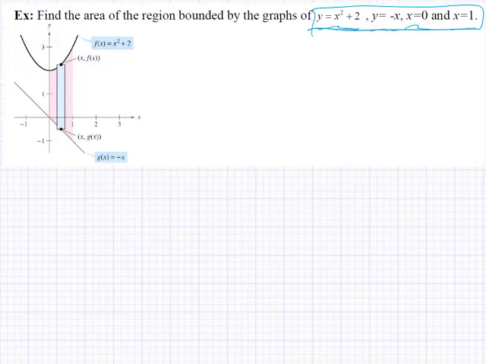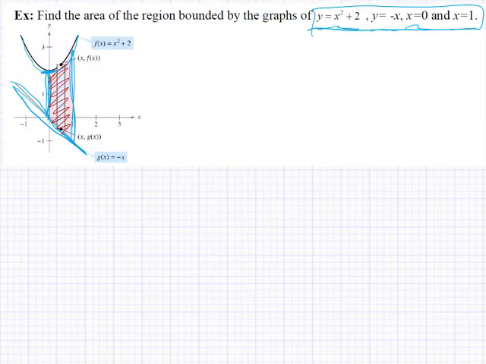So y equals x squared plus 2 would be a parabola with its vertex at 2 on the y-axis. y equals negative x is this line right here with a slope of negative 1 going through 0, 0 as the origin. And then x equals 0 would be the y-axis, and here would be x equals 1.